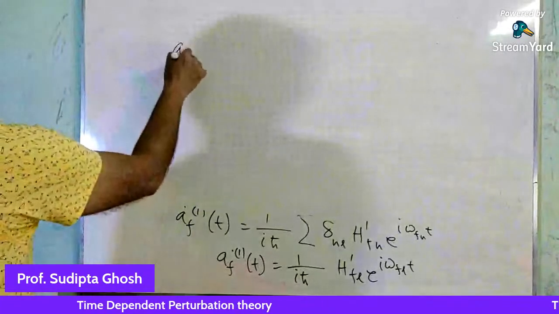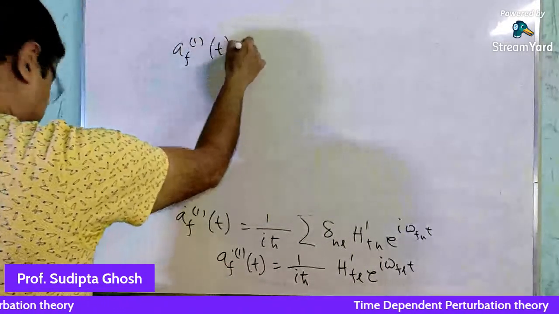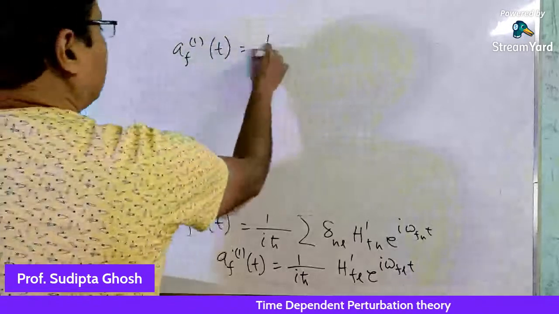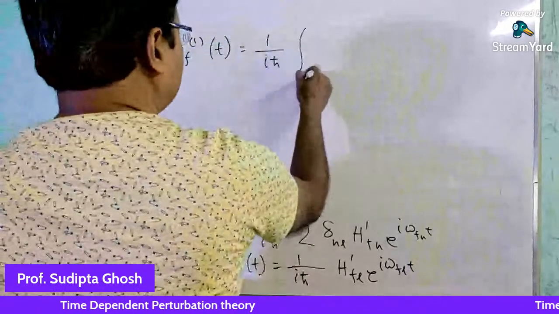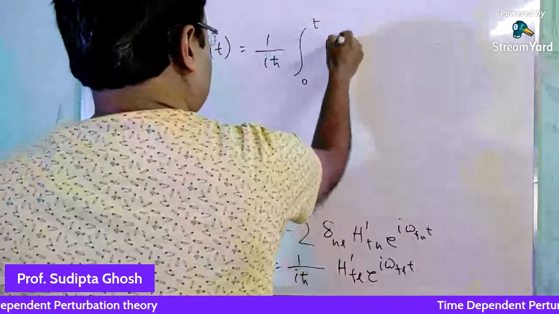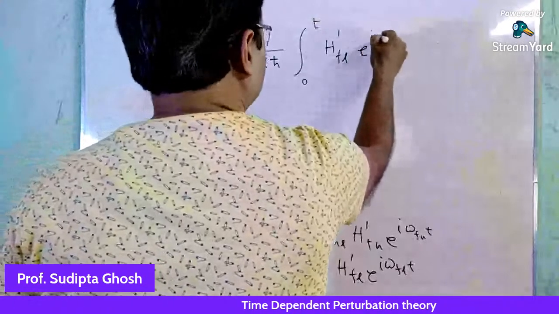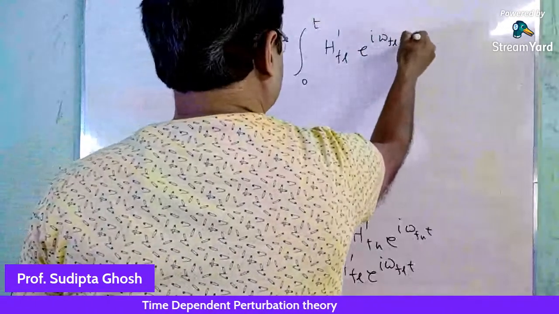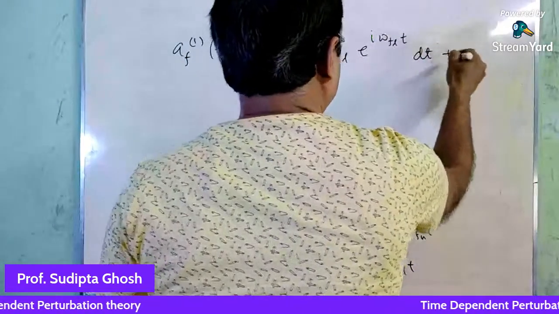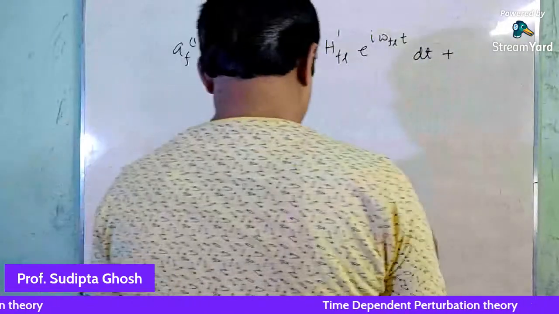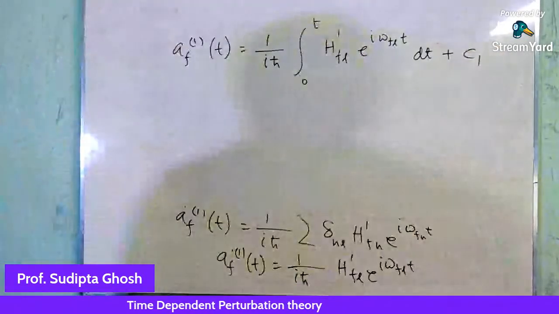So by integrating this equation, we can find a_f1(t), and it will be 1 by iħ integral 0 to t H prime_fL e to the power i omega_fL t dt, and then an integration constant, let it be C1. So this is the integration constant.